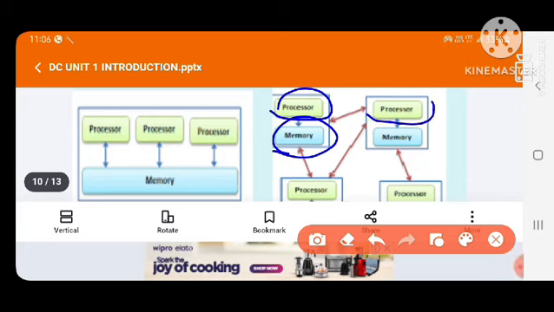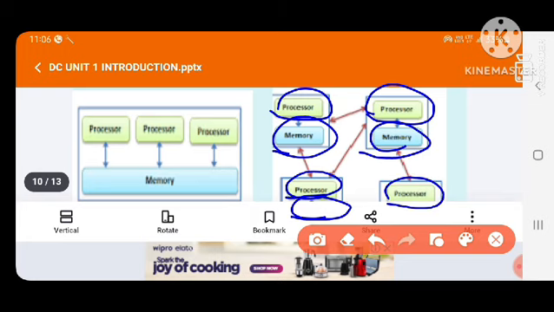So one processor having one memory, like that, and each and every processor and memory is connected with the other processors and memories, so they communicate only by passing messages. So this is distributed computing.